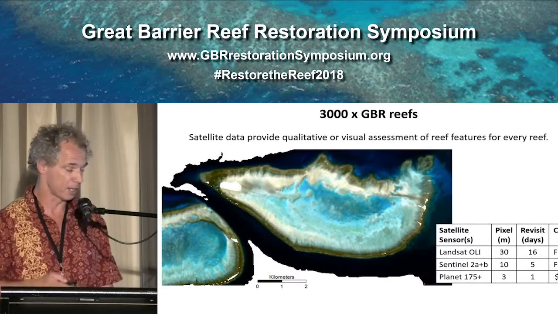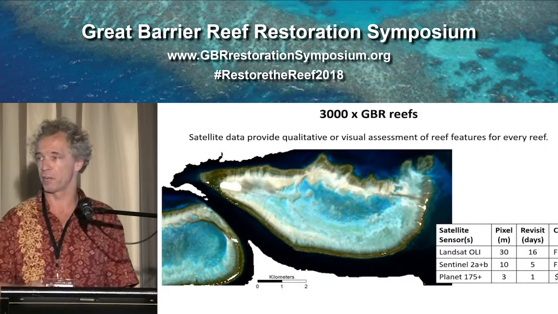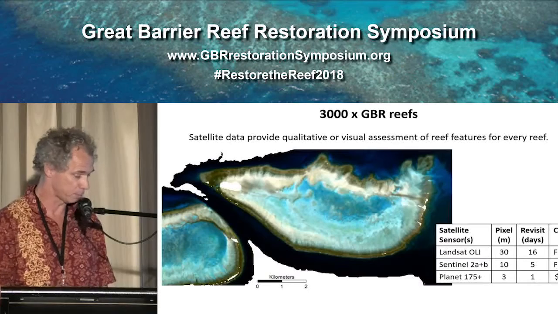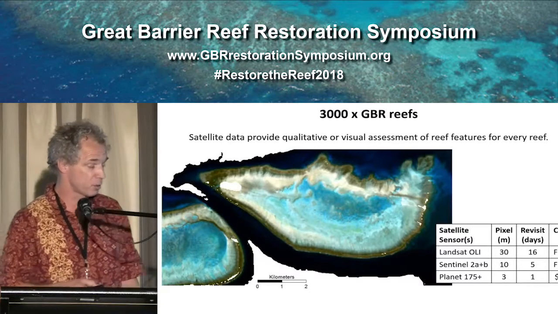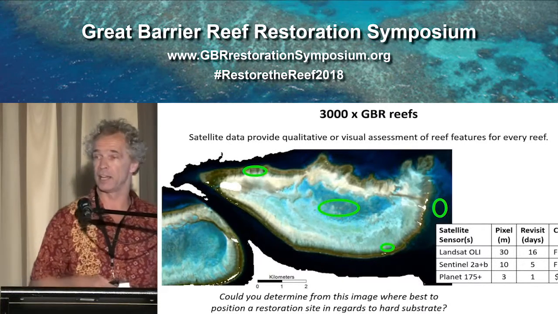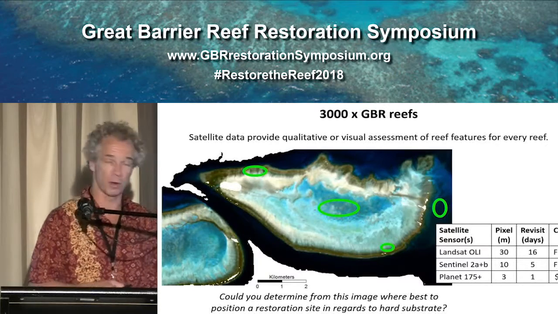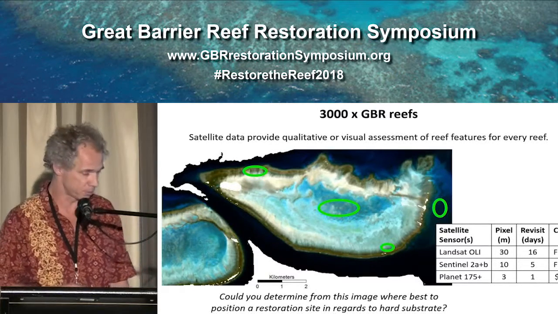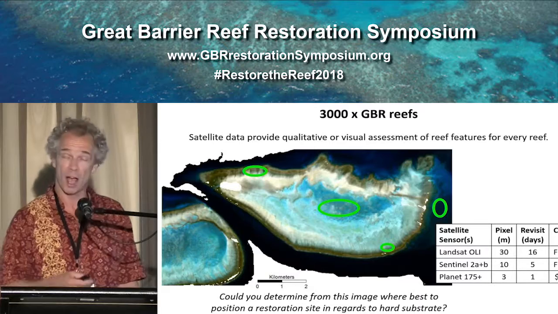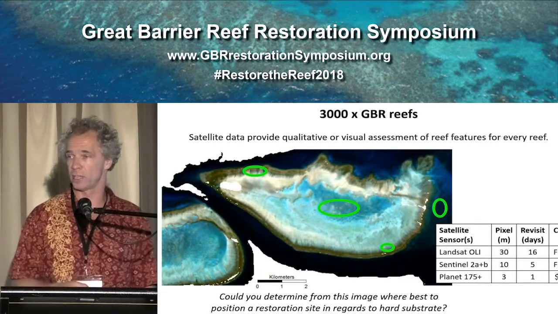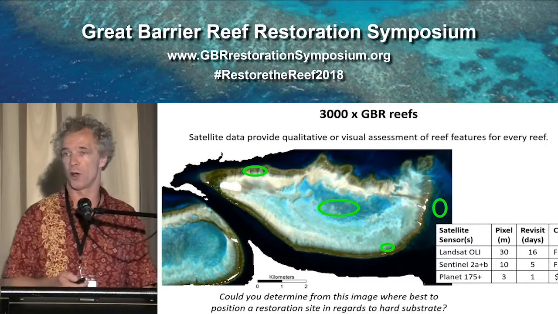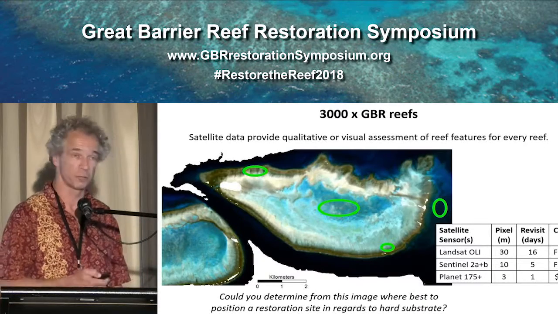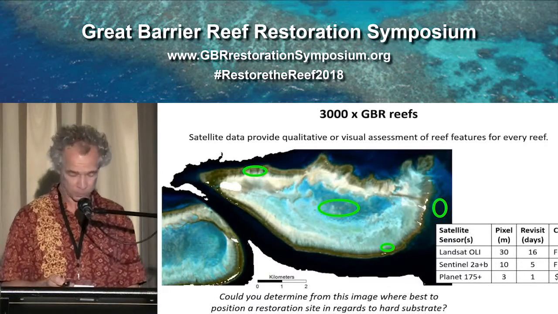Currently with Planet, every single reef on the Great Barrier Reef is imaged every day. Again, you can get some more information out of this image and see, well, I could place my restoration sites here. However, that's only a qualitative assessment. You can't do it quantitatively just based on looking at an image.